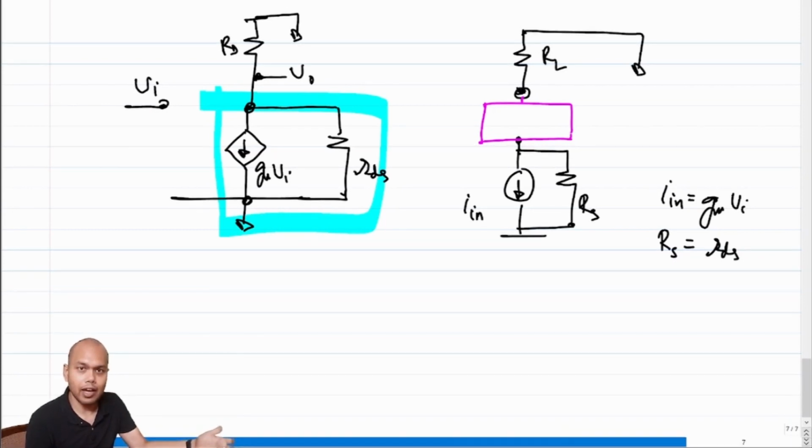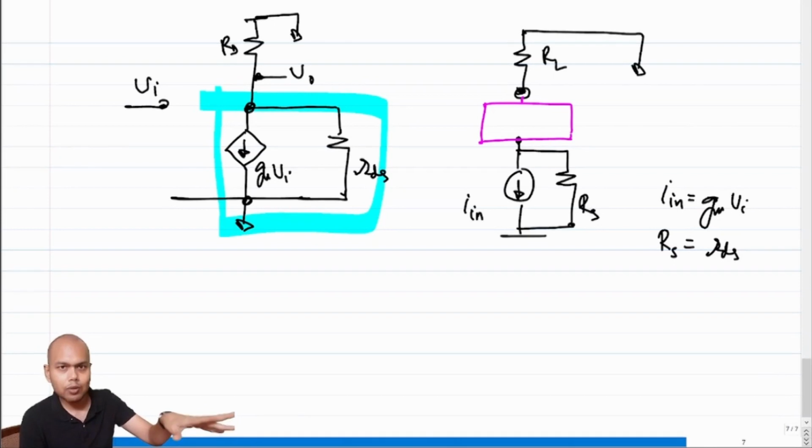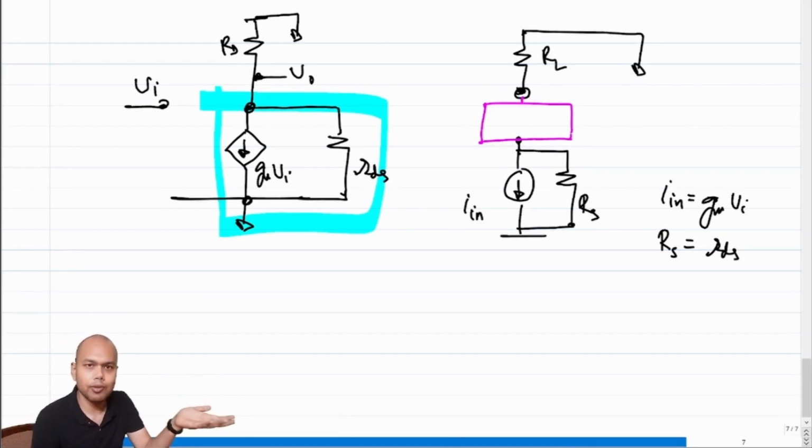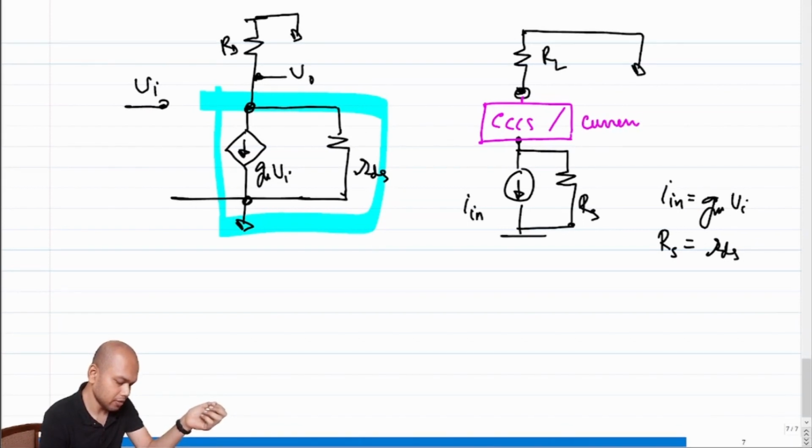Obviously, we have seen in the last couple of lectures a few contraptions which can do the job. So what are we looking for? We are looking to transfer the current from one port to another without any division. So essentially, what do we want? We want a current controlled current source, or a current buffer, which are the same thing.